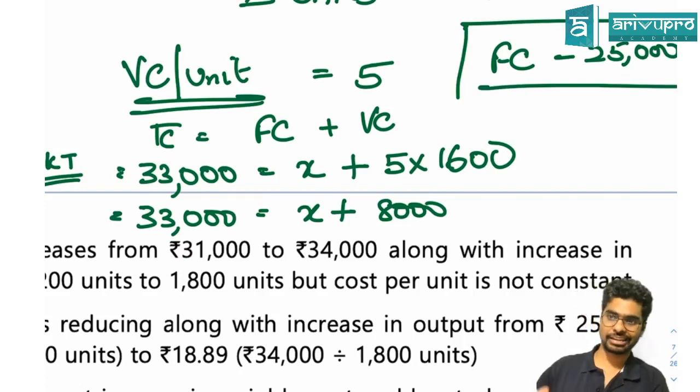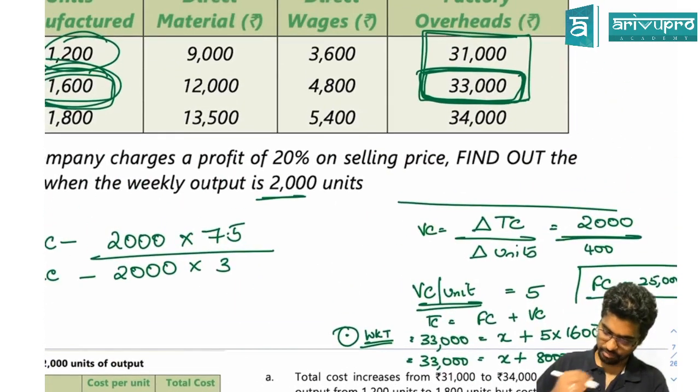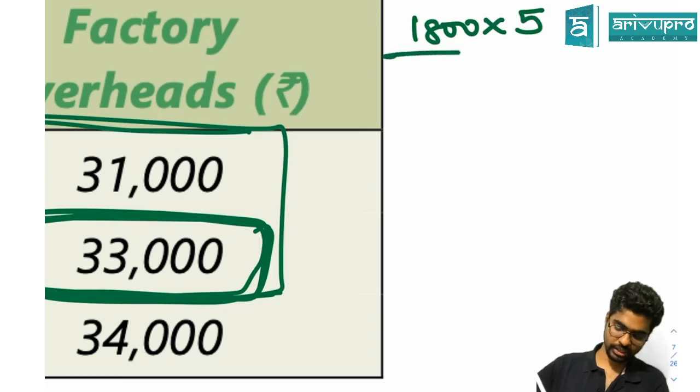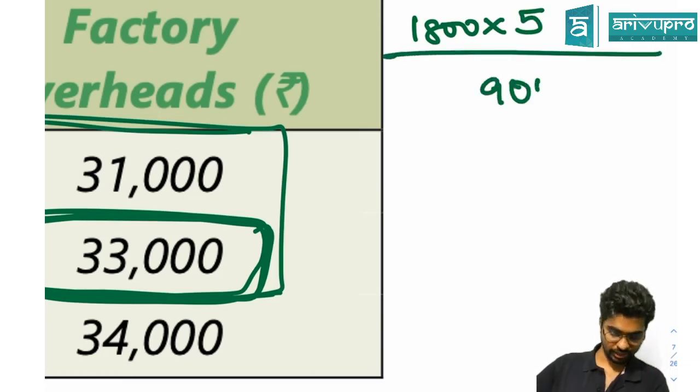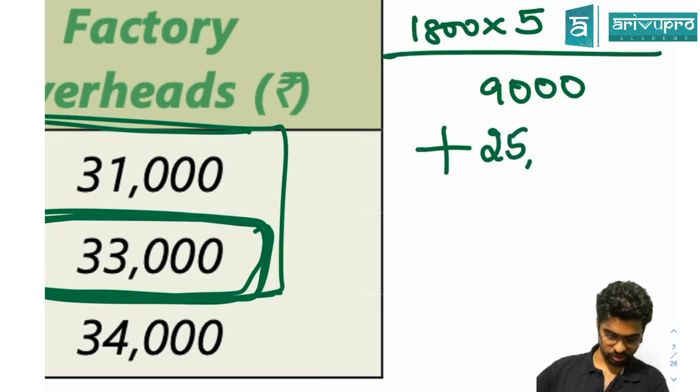But let me check whether this answer holds good. Let me check maybe for 1800 units. For 1800 units, what is going to be my variable cost? 1800 into 5, 9000. Will the fixed cost change? No, it will be 25,000.